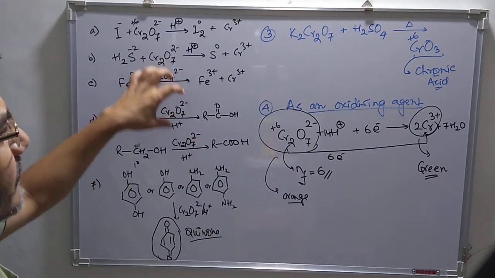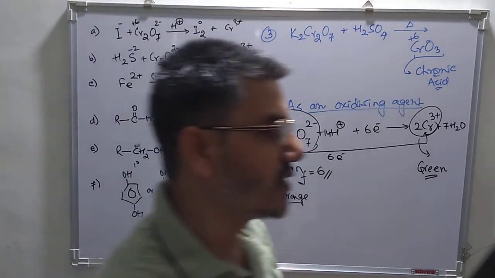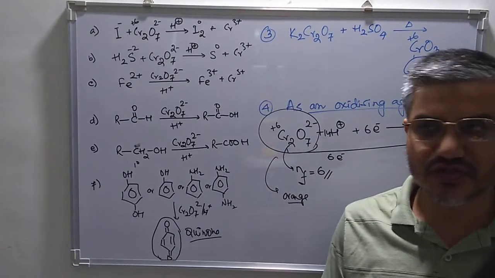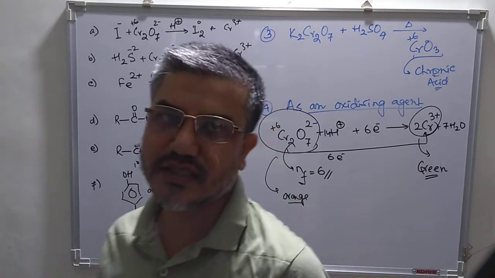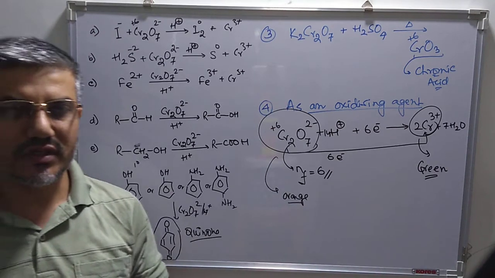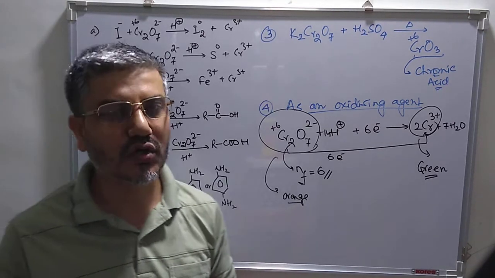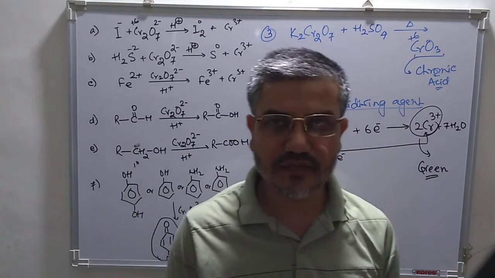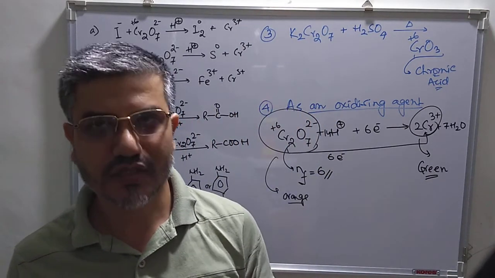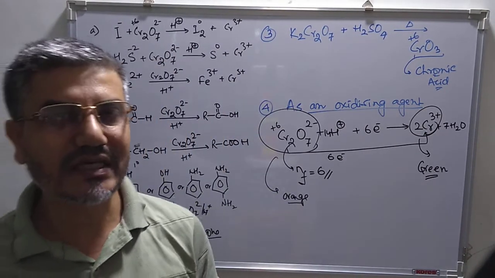So this is potassium dichromate as an oxidizing agent. Now, in inorganic titrations, volumetric analysis, potassium dichromate is used as a standard reagent. In all these reactions, we never use sodium dichromate. The reason being, sodium dichromate, though more soluble than potassium dichromate, is hygroscopic in nature.